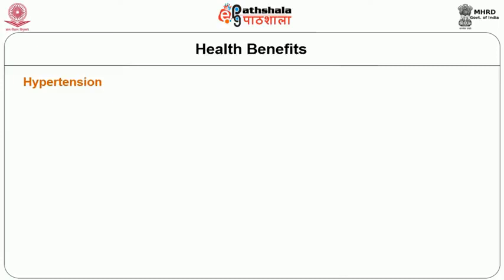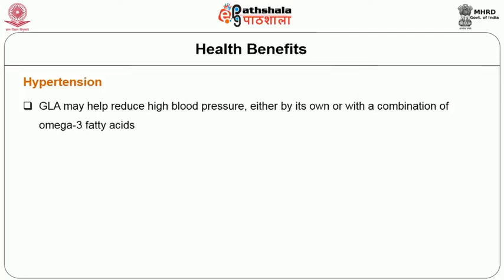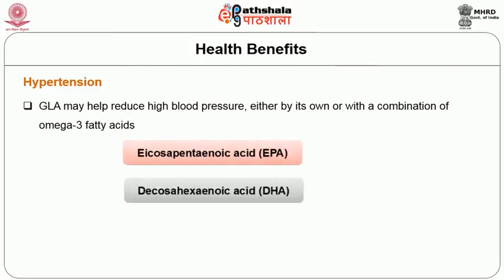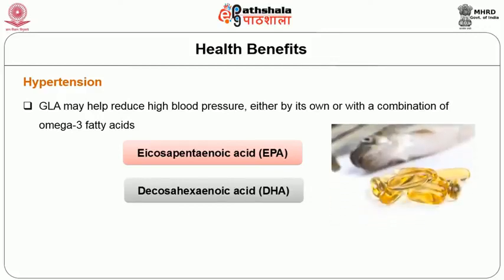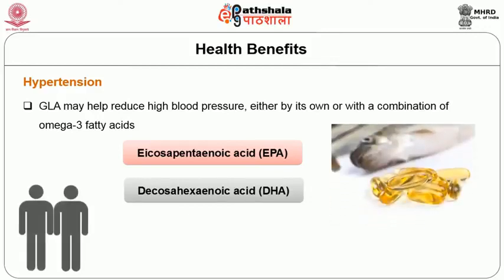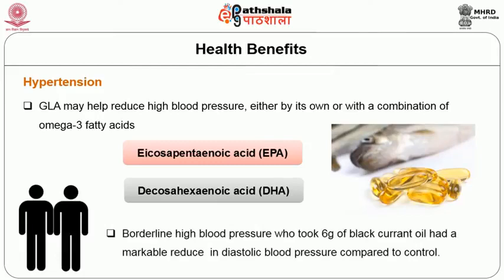Some studies have suggested that GLA, that is gamma-linolenic acid, may help reduce high blood pressure either on its own or in combination with omega-3 fatty acids like eicosapentaenoic acid and docosahexaenoic acid, which are richly found in fish oils. In a clinical trial, men with borderline high blood pressure who took 6 grams of blackcurrant oil had a remarkable reduction in diastolic blood pressure compared to control.